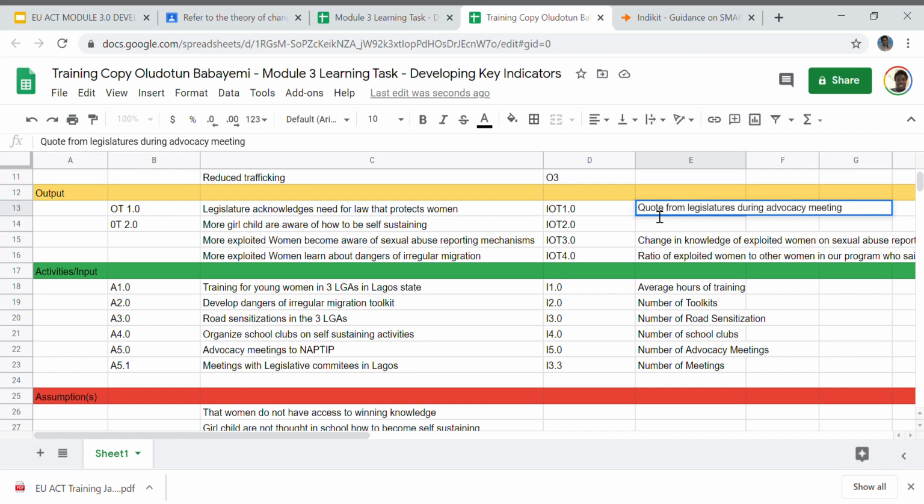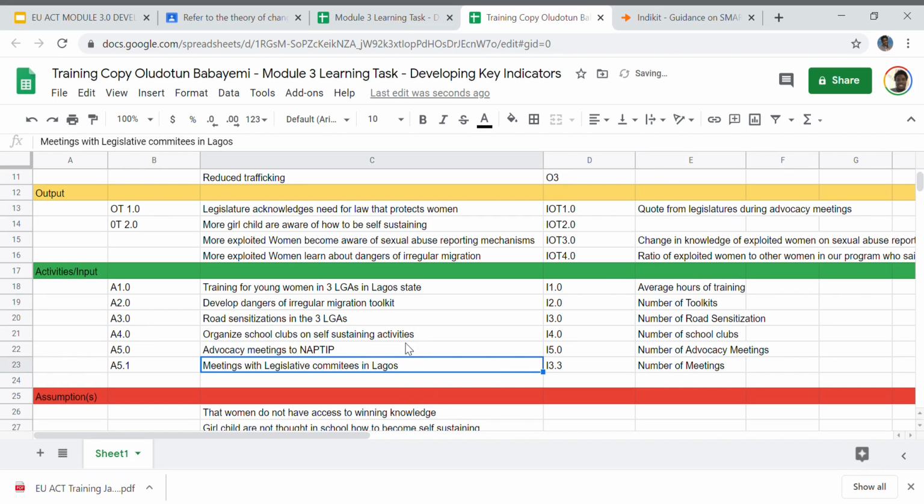Don't forget, you already said you will do advocacy meetings, right? With legislatures, state legislatures. So you can see that all your indicators here are within the scope of your program. You need to think about that carefully, and that is how your activities result to your output, right? And not something out of your activities.